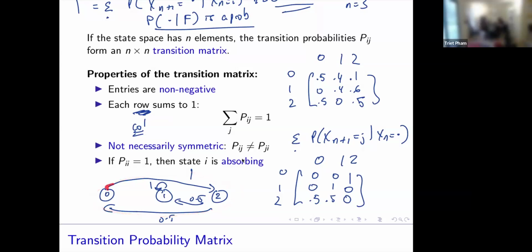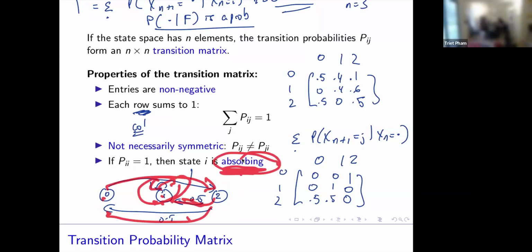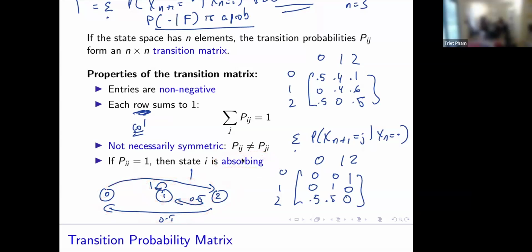So 0 always goes to 2. 2 can go back to 0 and 1, with some probabilities. 1 here is what we call absorbing, meaning that once you go into 1, you're stuck there. You're not going to escape from 1, okay? I'm doing this just so you see that here, this doesn't indicate any absorbing. 0 goes to 1 deterministically, but there's no absorbing behavior.